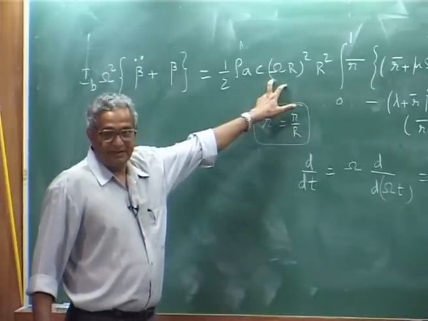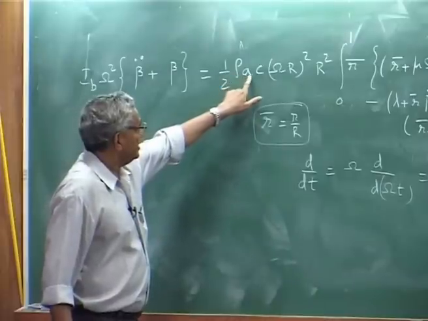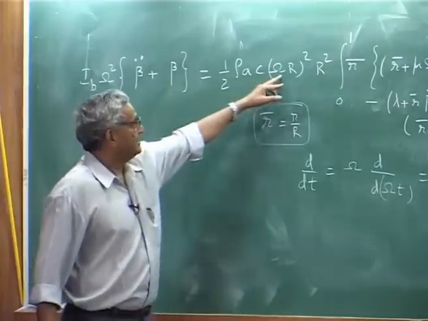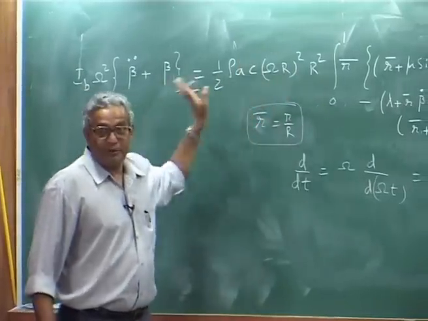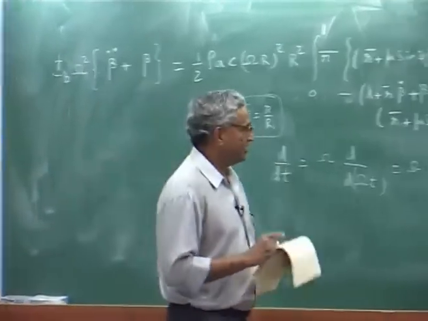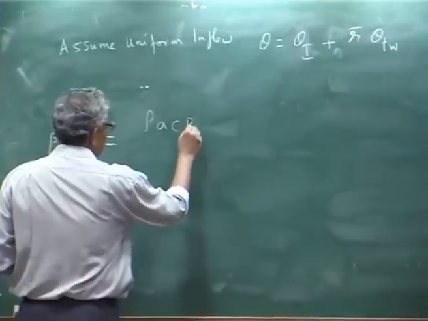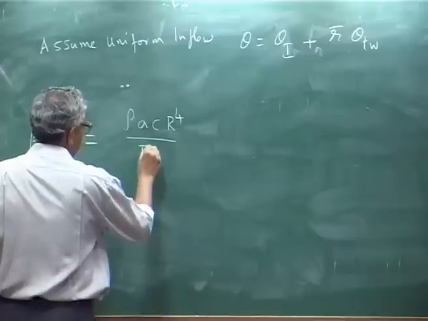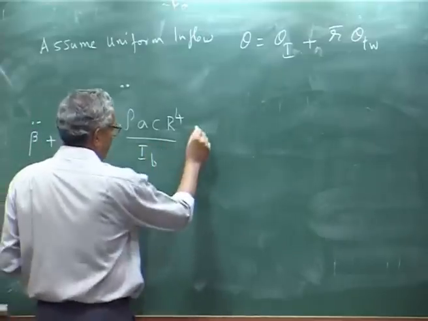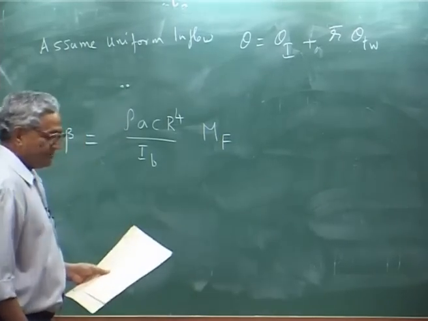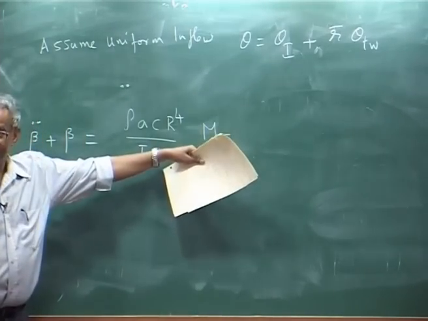When I do that, rho a c, one of the omega square will go up, and then R power 4 over I B. So I will have rho a c R to the 4 over I B, and I am putting some M flap. Just I will write this expression. What is M F?